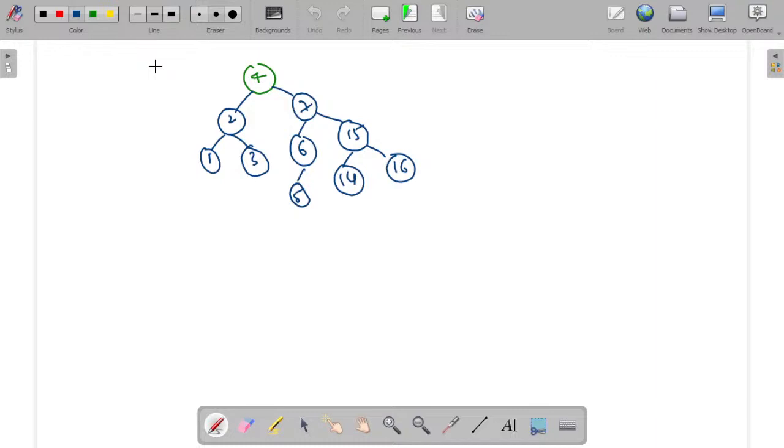Any questions, guys? If you are clear with this, then we can move on to the next topic, which is deletion operation, which is even more interesting, to be honest. Any doubts in this, or are you all clear with this topic?